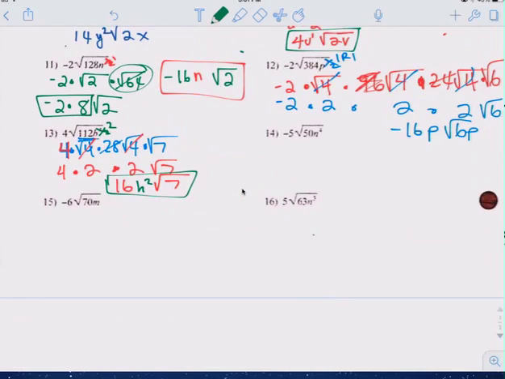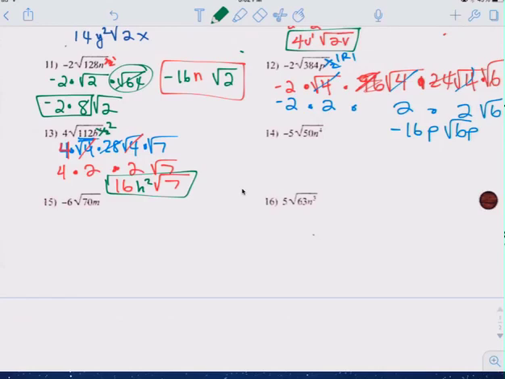How about 70? That's a strange number. What makes 70 that's a perfect square? Nothing. 10 times 7. 5 times what? 5 times 14, they're both irrational.